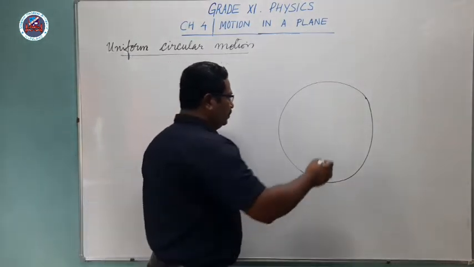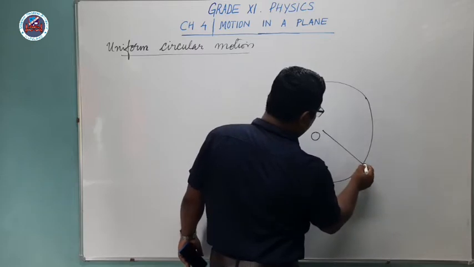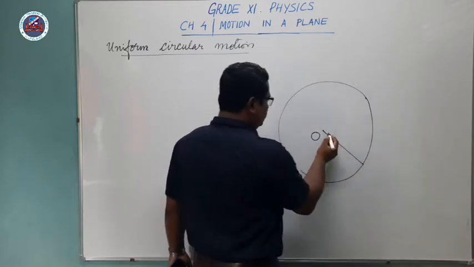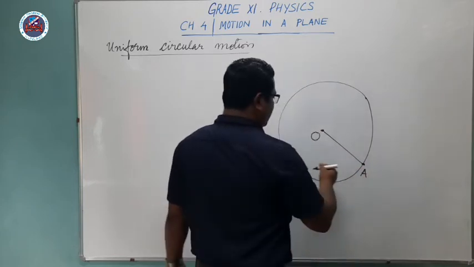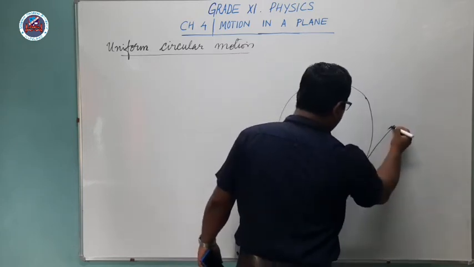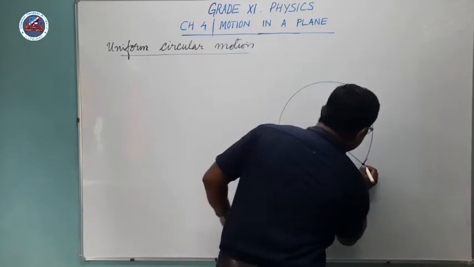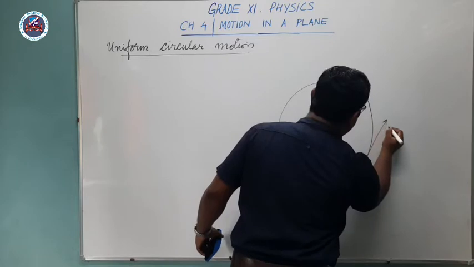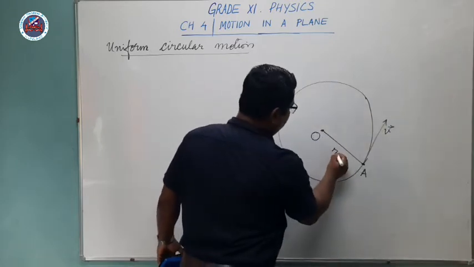Now, while studying uniform circular motion, there are some terms you'll have to know. Suppose the body is here at point A, then its linear velocity tries to fly off tangentially, so the velocity will be tangential to the radius vector.